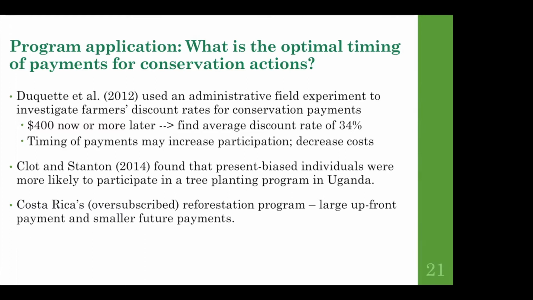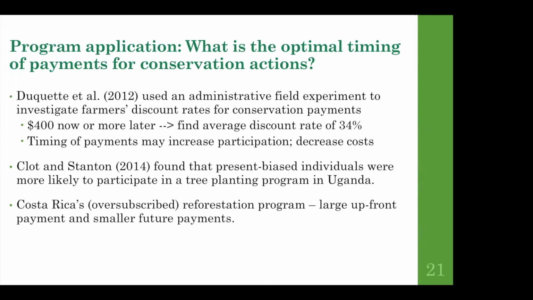Right, $400 today or more than $400 in the future. They actually found that farmers had an average discount rate of 34%, much larger, right, than most of the discount rates we talk about when we teach the subject, and we're talking about 3 or 5%, right? So the timing of payments could increase participation, could also decrease costs.